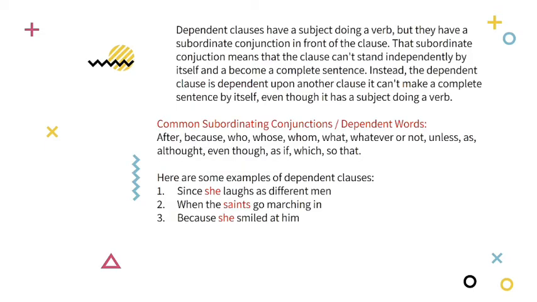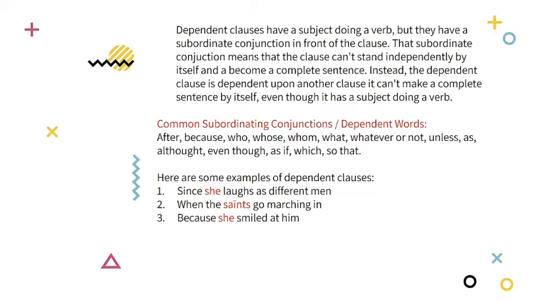Dependent clauses have a subject doing a verb, but they have a subordinate conjunction in front of the clause. That subordinate conjunction means that the clause cannot stand independently by itself and become a complete sentence. Instead, the dependent clause is dependent upon another clause.